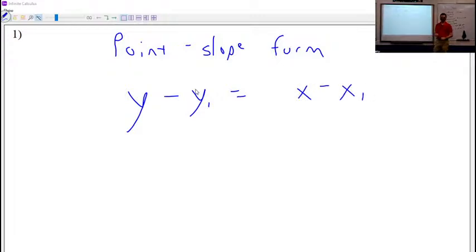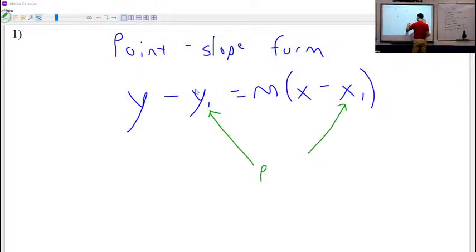So if we have a point and a slope, here's our point. It goes in there. This is for equations of tangent lines. There are going to be problems where you're asked to write the equation of the tangent line. And this is where your slope goes.